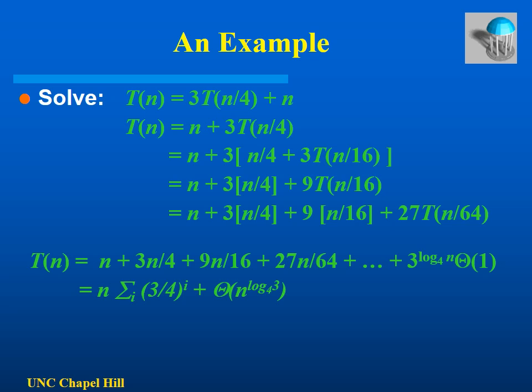Be careful. This idea of taking something to the something power, 3 to the log 4 of n, and turning it around, so the log operand goes to the other log's power, is a standard identity that you need to be comfortable using.